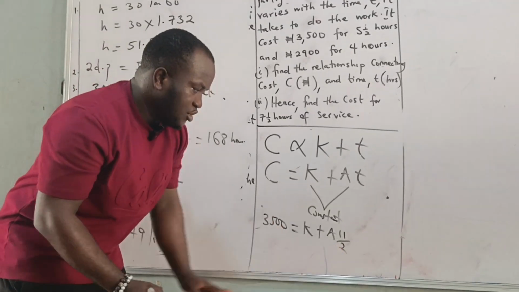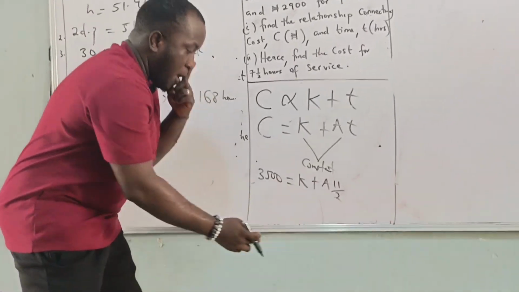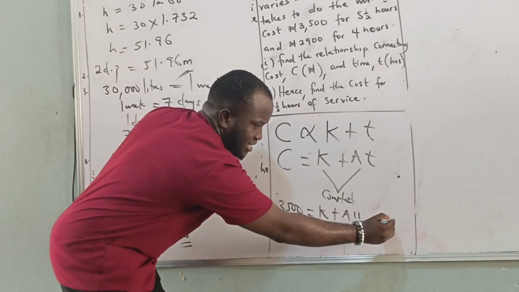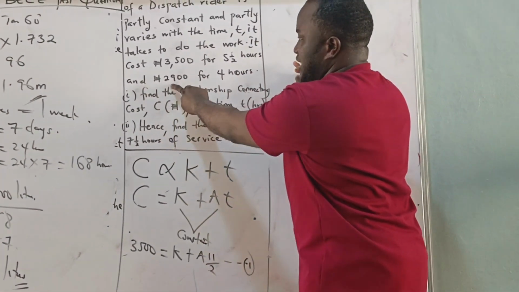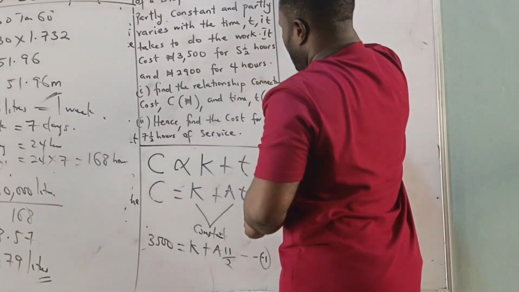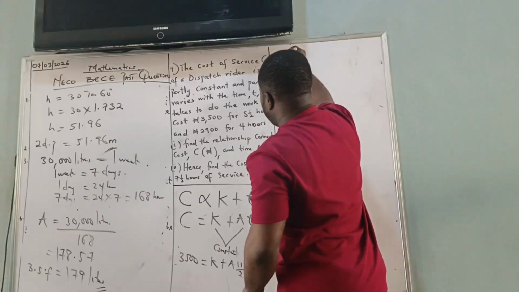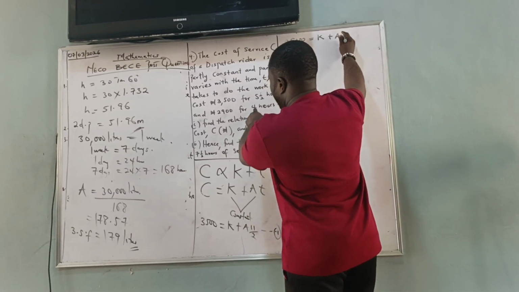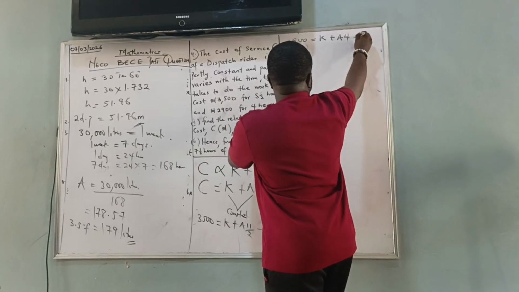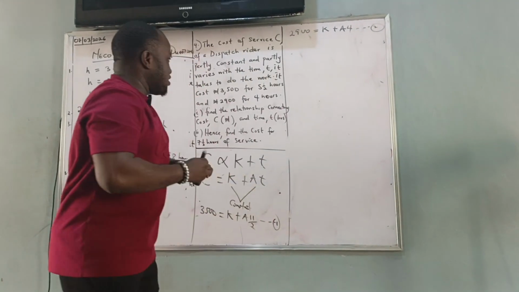So this is 11a over 2. Let's write this as equation 1. Equation 2, they said 2,900 for 4 hours. So we have 2,900 equals k plus a times 4. That's equation 2.